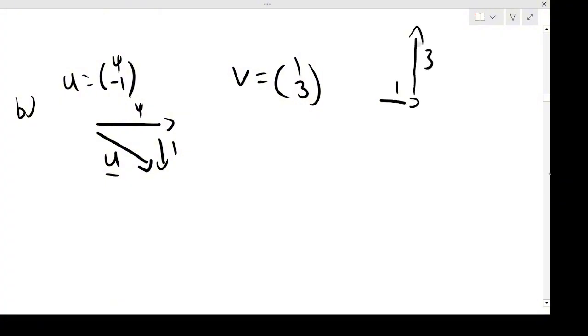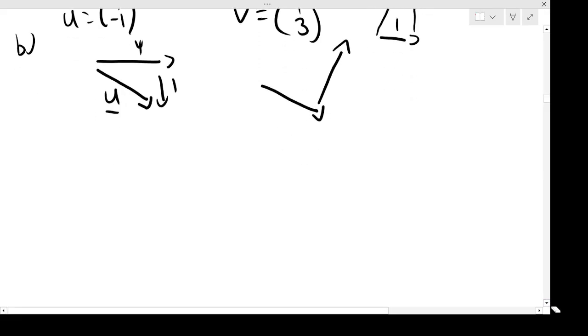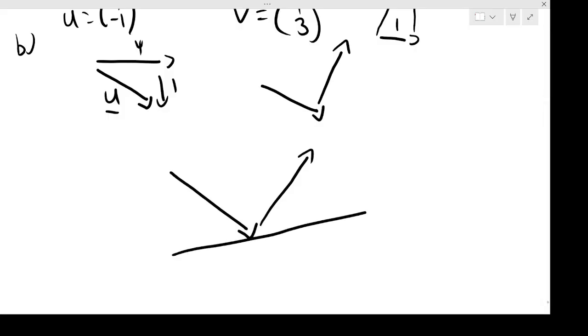So my velocity vector is going to look like that afterwards. That means before the first collision it's going to move like that, and then afterwards it's going to look like that, which means hopefully you can see that the wall, if I draw it down here, is going to look something like that.